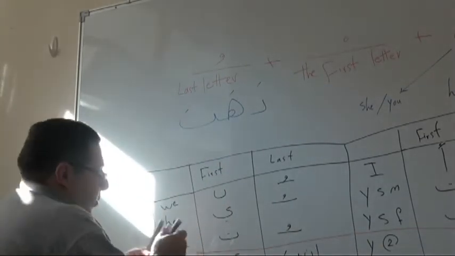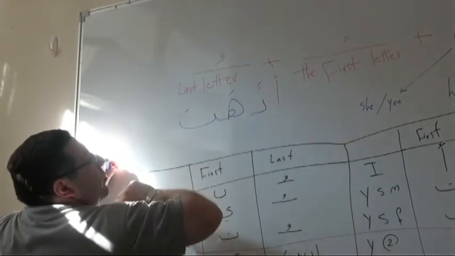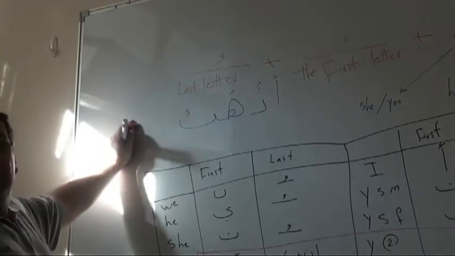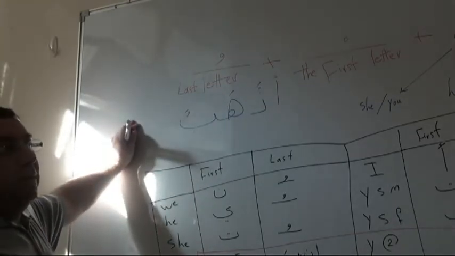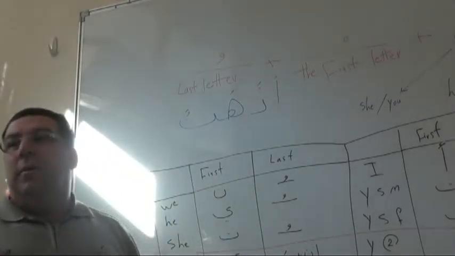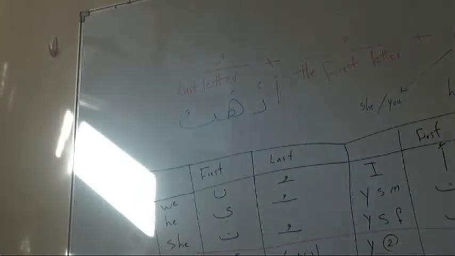So I add here the alif and I change this into sukun and then I change this into dhamma. I think it's okay. Just erase the first one. أذهب. Okay?